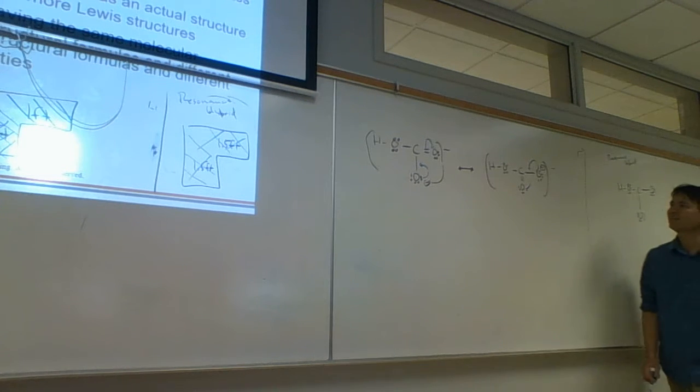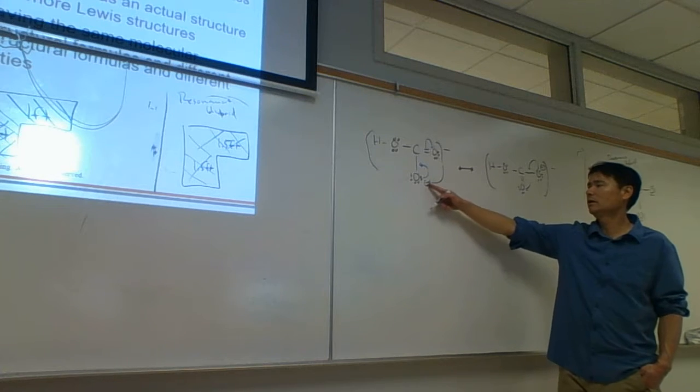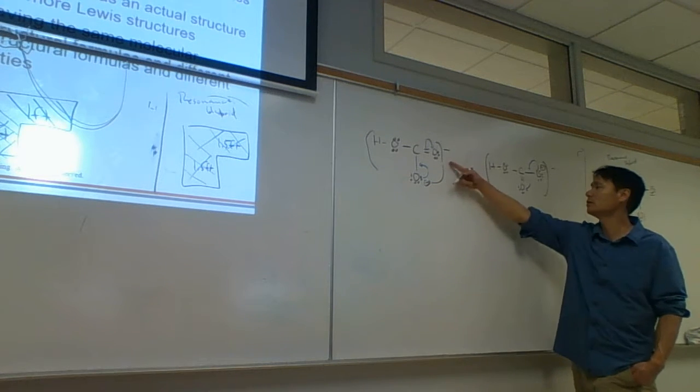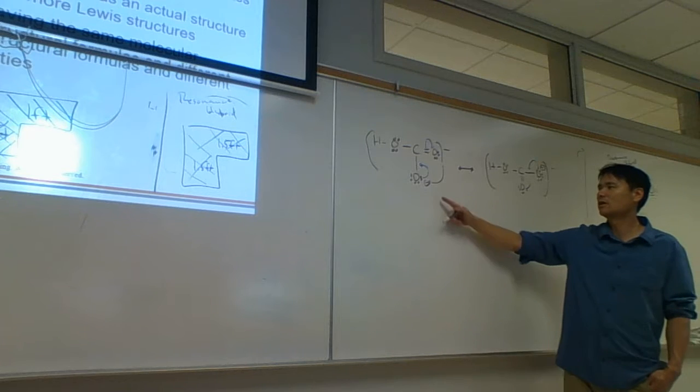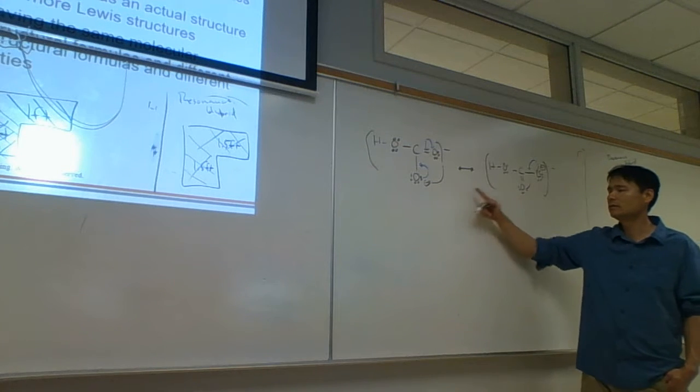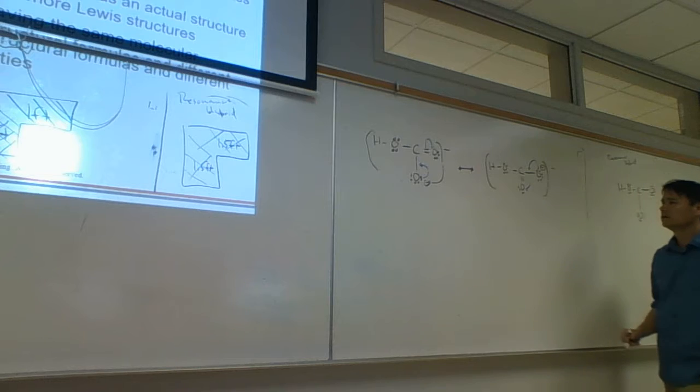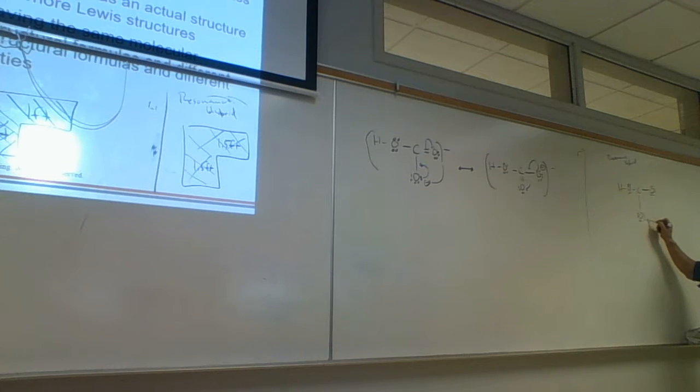So it's not going to be -1 in one instance and 0 in the next, or 0 and then -1. We're just going to average it. And so the average of -1 and 0 would be -1/2. The charge here is going to be -1/2, and the charge here is going to be -1/2. We're going to take that cloud and spread it over 2 oxygens like that. Now the double bond, we're going to spread out over 2 bonds, so I'm going to dash it like this. It's not going to be a single and a double, or double and a single.